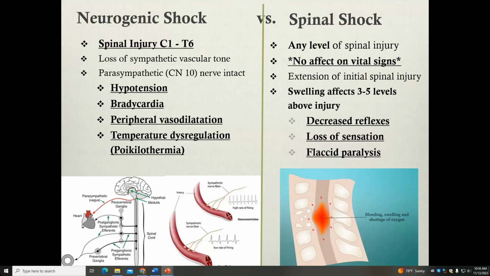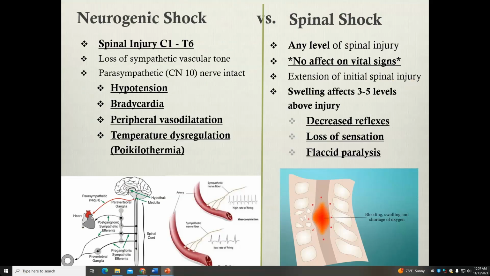But the message never gets to the heart because it comes out of the spinal cord. So that's where the sympathetic nervous system comes out to innervate the heart, to tell it to speed up, to increase the blood pressure, to do all that. So basically what you are seeing in T6 and above during the spinal shock time, they are at risk for losing their sympathetic tone. So they can't up their heart rate, up their blood pressure, and up their respiratory rate.